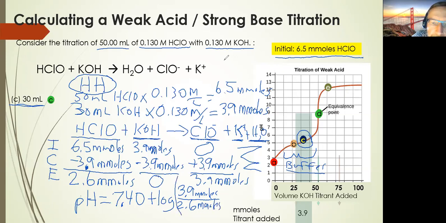Okay, and if you go through with your calculator and do that offline, you will find that the pH for this reaction turns out to be 7.57. So I'm going to put that in a box.